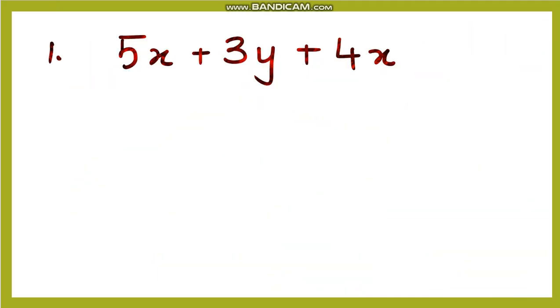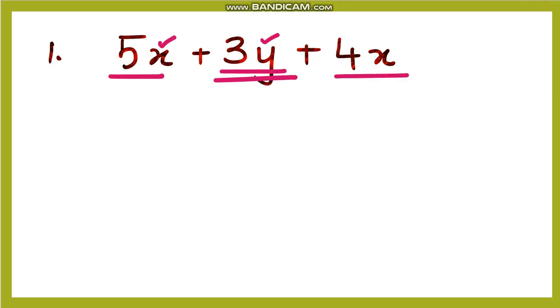Let's take a look. Our first example states 5x plus 3y plus 4x. Here, if we compare, are 5x, 3y, 4x, all three of these like terms? Let's check the variable. Here I have x, here I have y. That definitely means 3y is not a like term here with 5x and 4x.